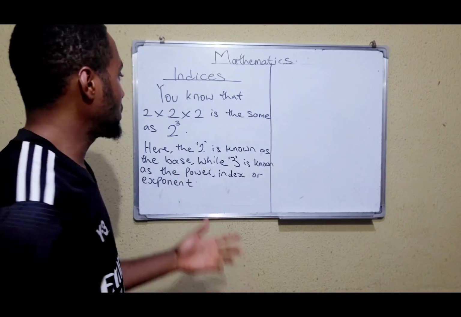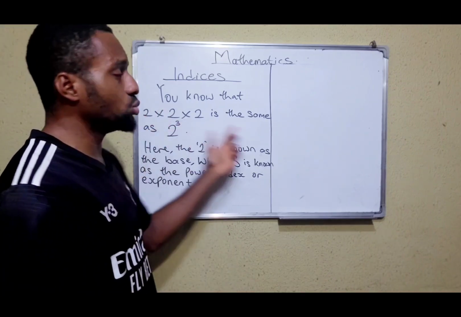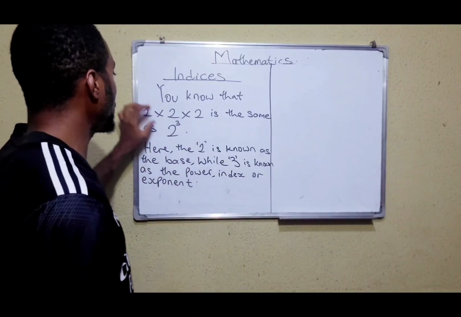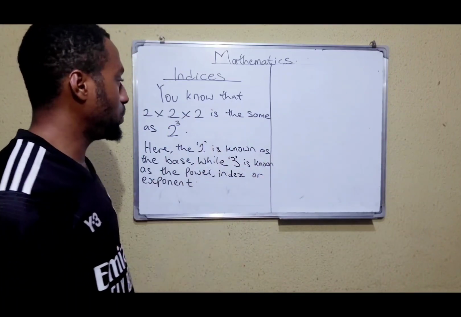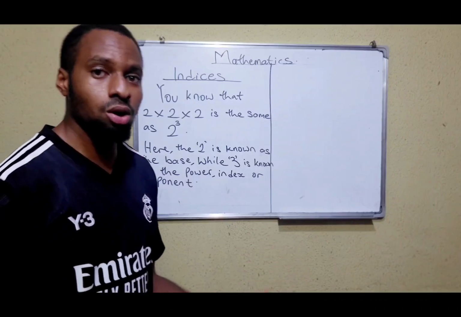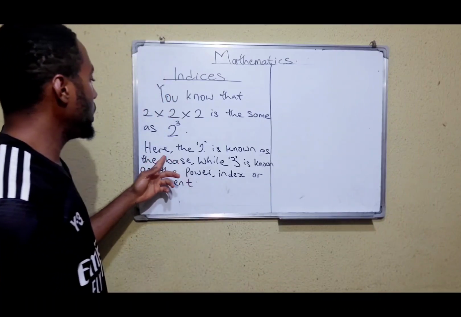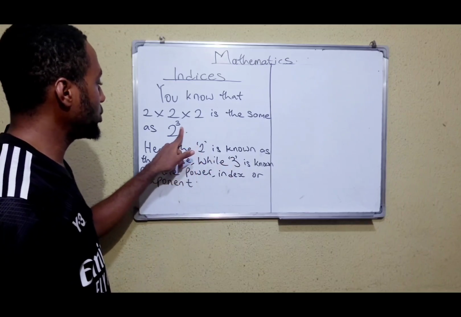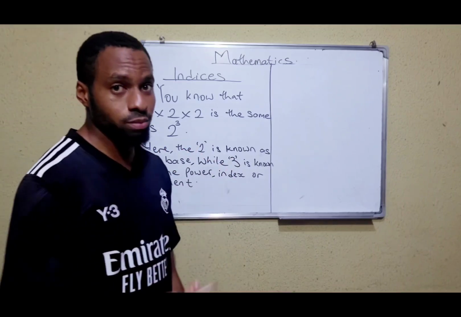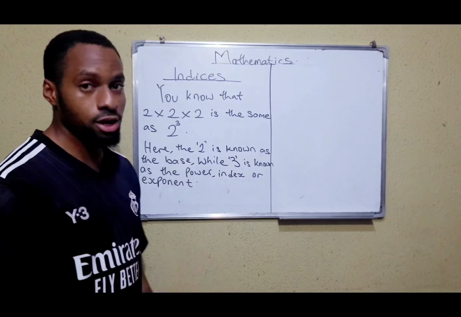What this simply means is that instead of us writing 2 in multiple ways, we can just pick one and write the number of the 2's that are here as the power, or the index, or the exponent. So here, this 2 is known as the base, while this 3 is known as the power, the index, or exponent.